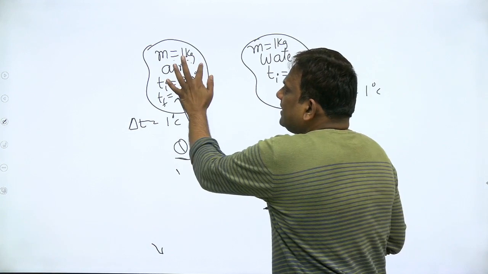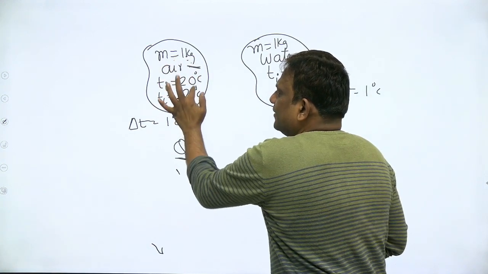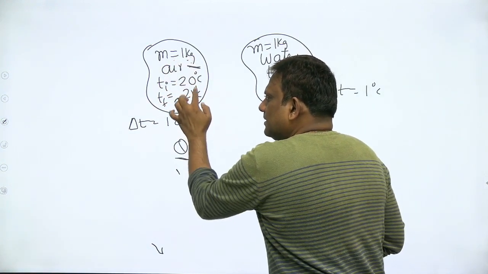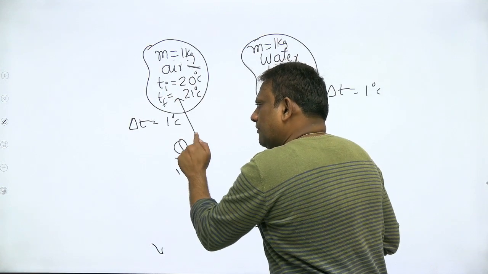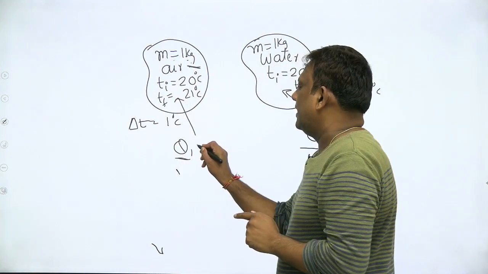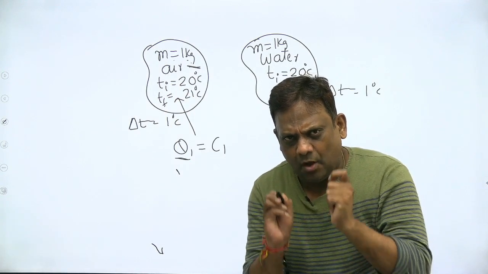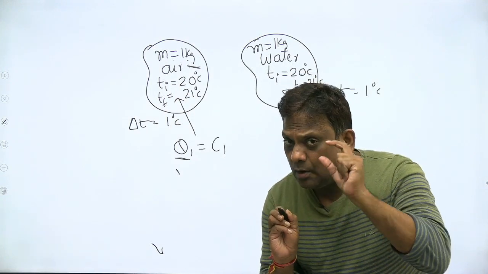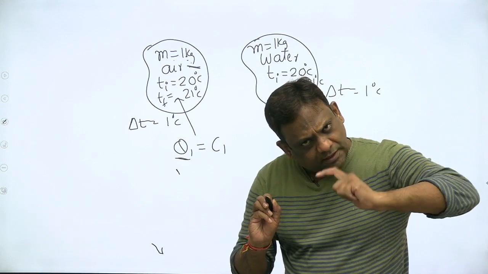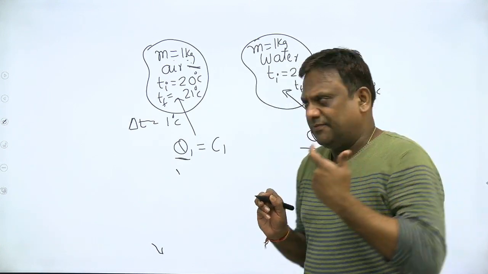On 1 kg mass, for 1 degree difference, whatever heat you supply is specific heat.